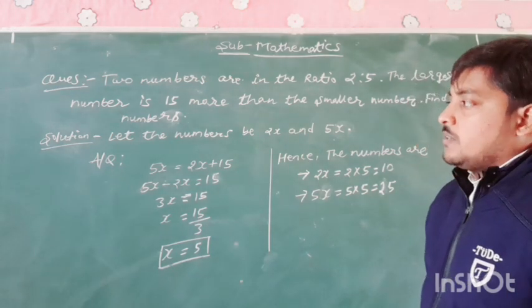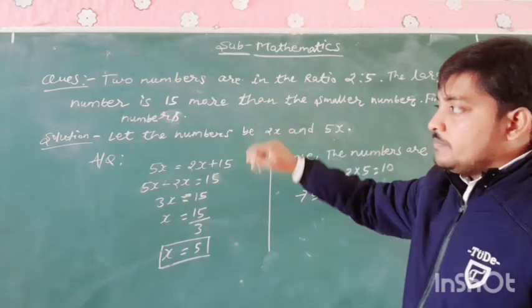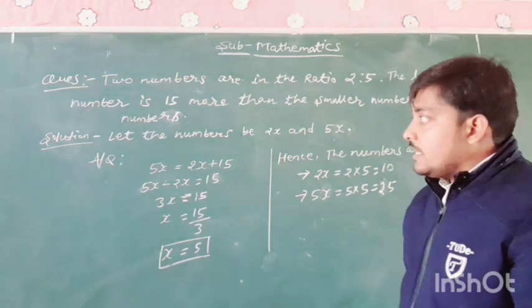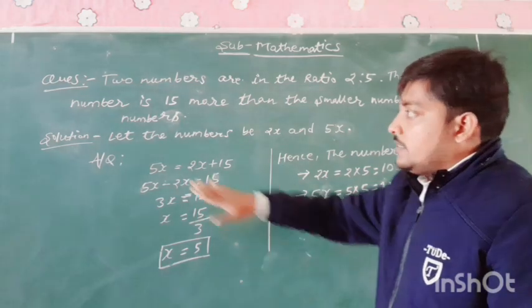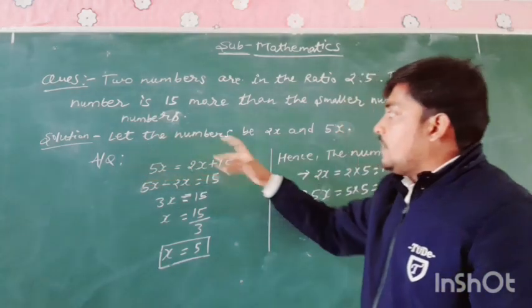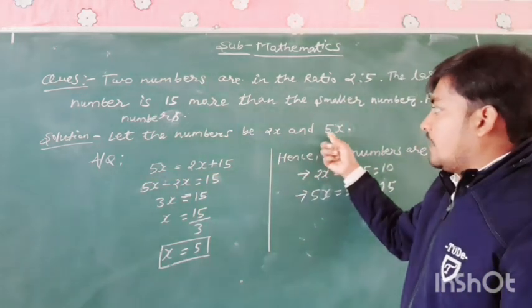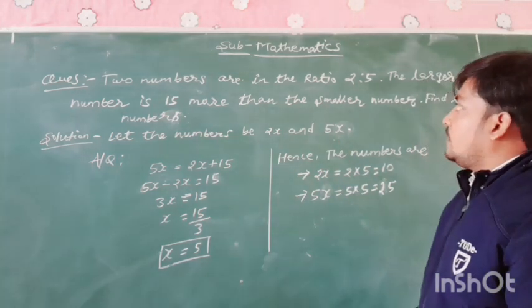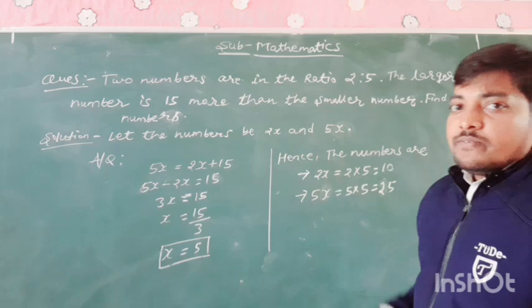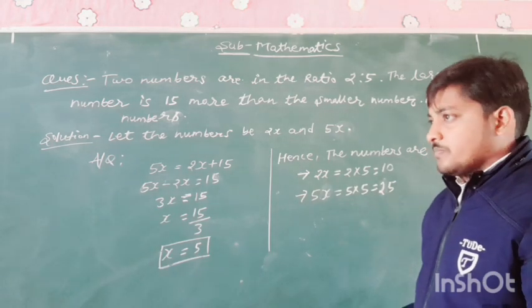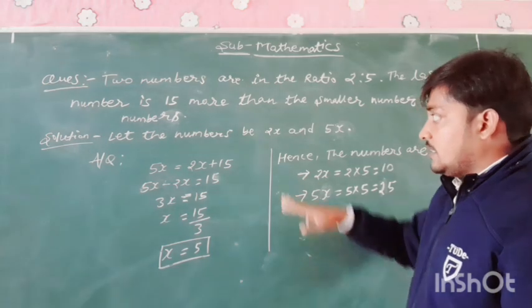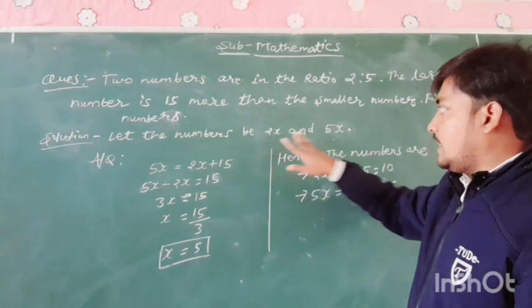Then in the solution of the problem, we have to clearly tell the numbers, then the numbers will be 2x and 5x. If we multiply the common ratio in the given ratio, then we get the numbers exactly, which is 2x and 5x.